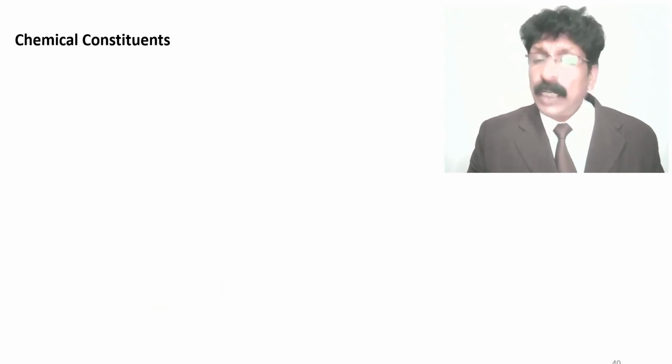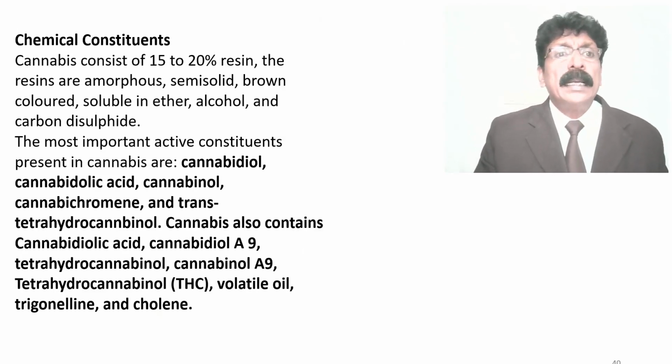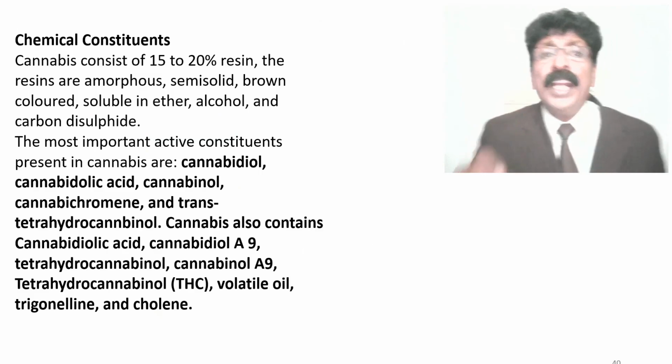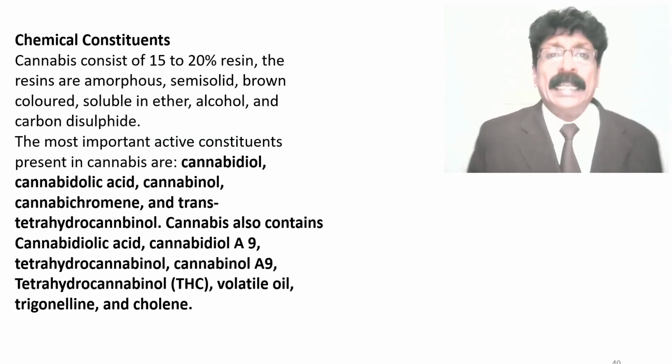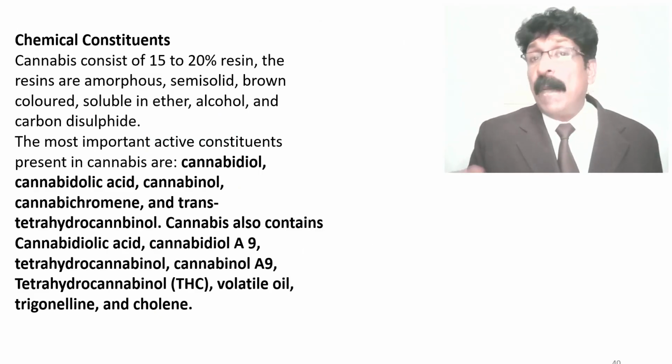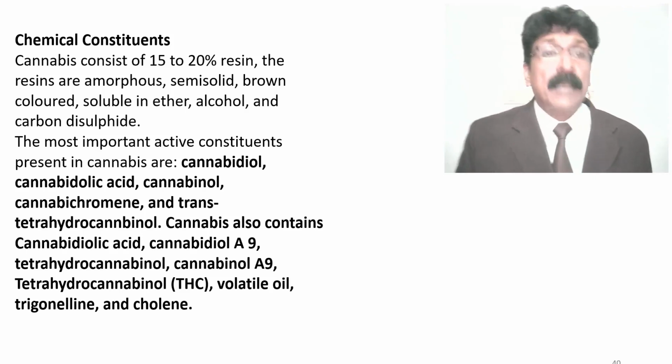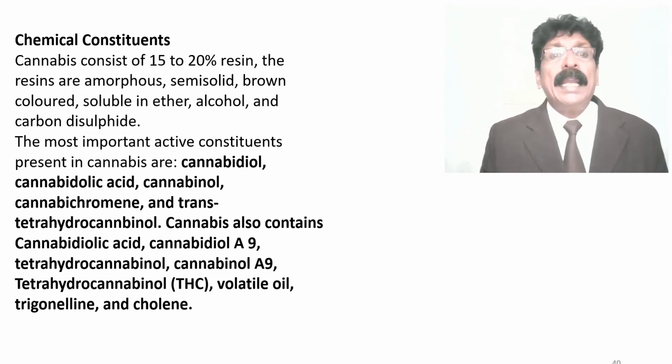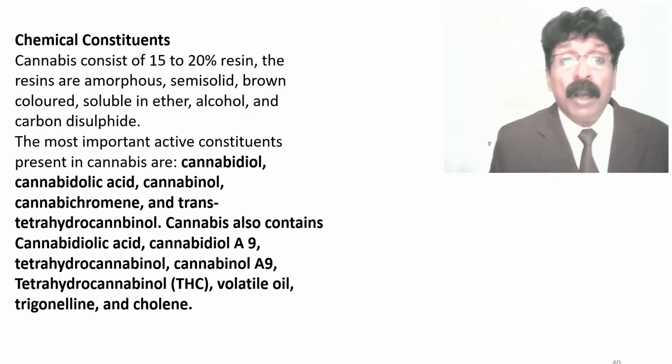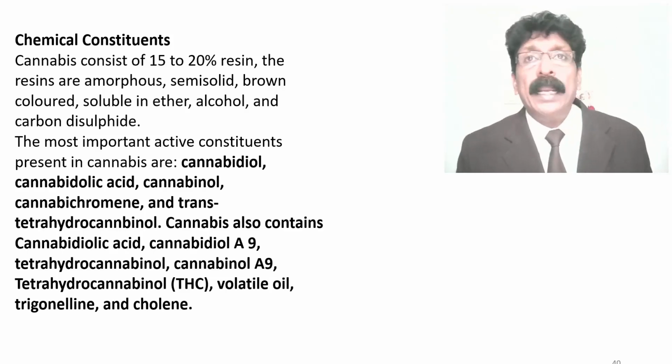Chemical constituents. Cannabis consists of 15 to 20% of resin. The resins are amorphous, semi-solid, brown colored, soluble in ether, alcohol, and carbon disulfide.